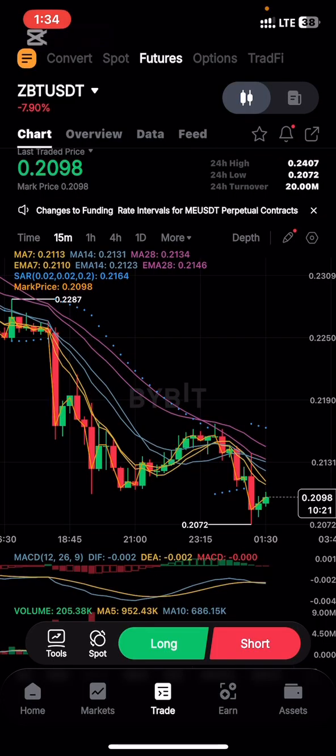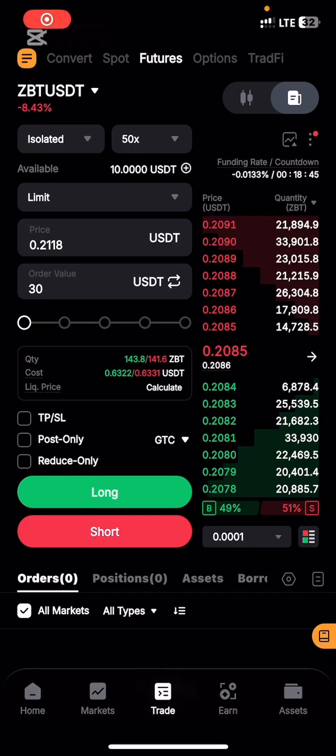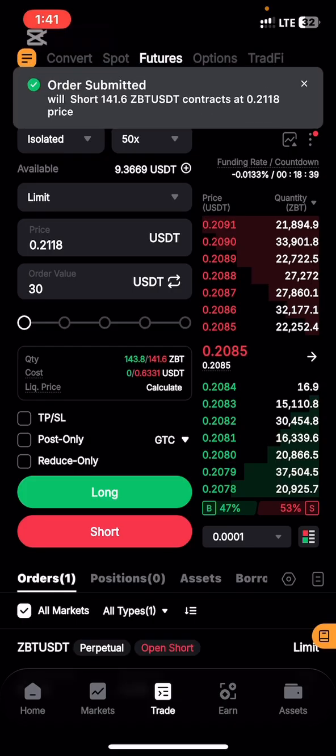Okay, let me just enter. Do you know what? I'll be switching to a demo account because it hasn't hit the market. Just enter the trade. Hit the short button.